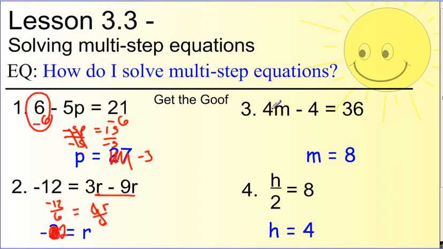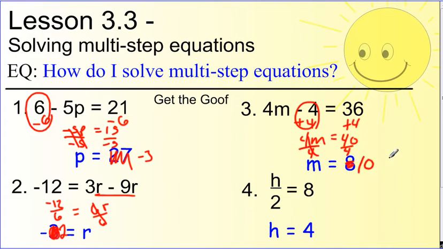Variables being multiplied by 4 and subtracted by 4, so we're going to add 4 here, add 4 there. These cancel. We get 4m equals 40. And hopefully you know the answer to that off the top of your head, because when you're going to divide both sides by 4, these cancel. M equals 10.